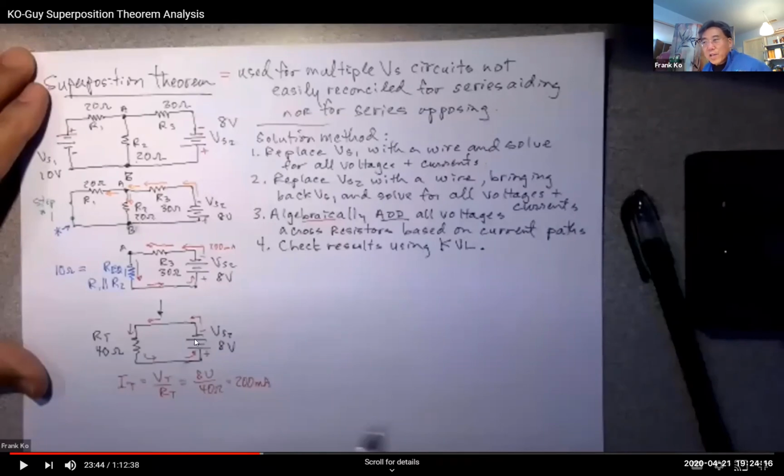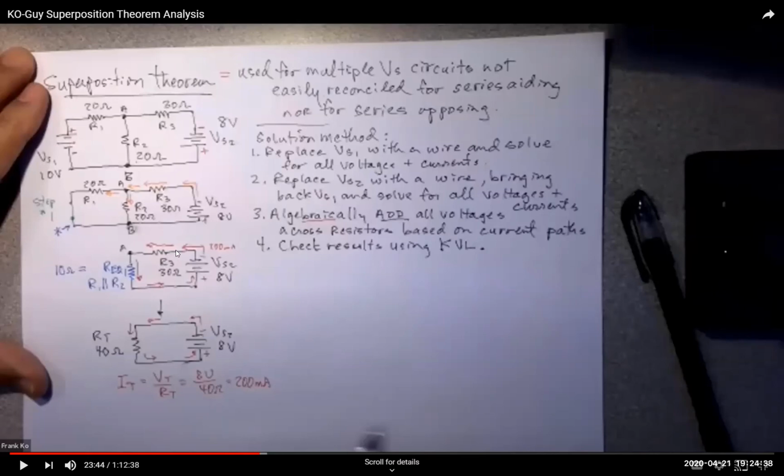Now I have to take everything I learned from here and apply it to this one. That 200 milliamps flows in this circuit also, and flows through the original R3. Which direction is it flowing through R3? Well, this is negative. It's flowing up and to the left. So is the direction of current through R3 clear? Yes. 200 milliamps, flowing to the left.